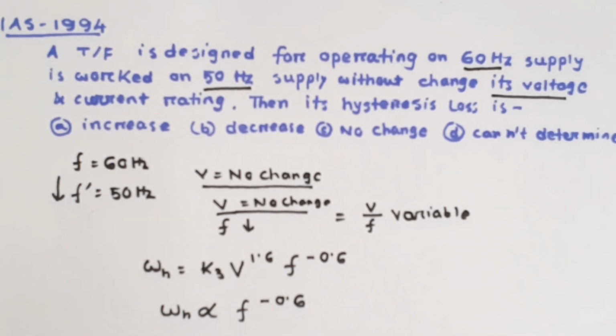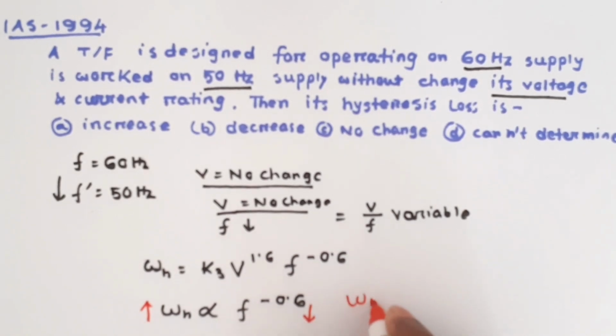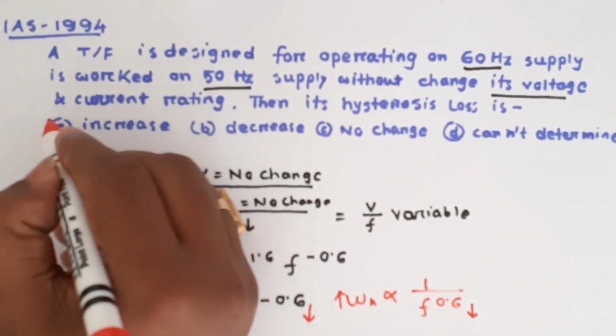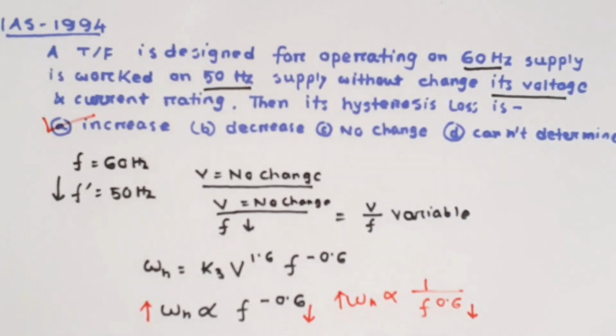Since the hysteresis loss is proportional to F to the power minus 0.6, if the frequency is decreased, then hysteresis loss will increase, since it is inversely proportional. That means W of H is proportional to 1 by F to the power 0.6. If frequency decreases, the hysteresis loss will increase. Answer: the hysteresis loss will increase. Option A is the correct option.